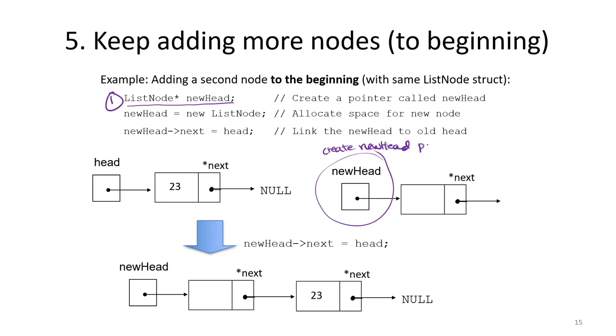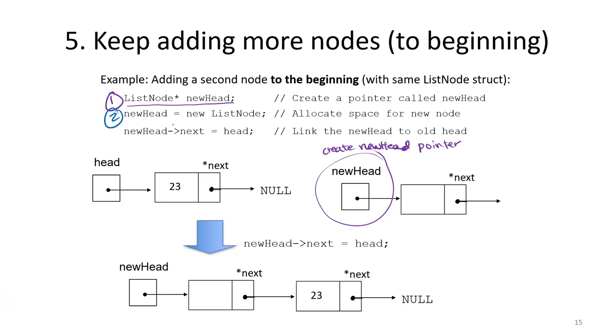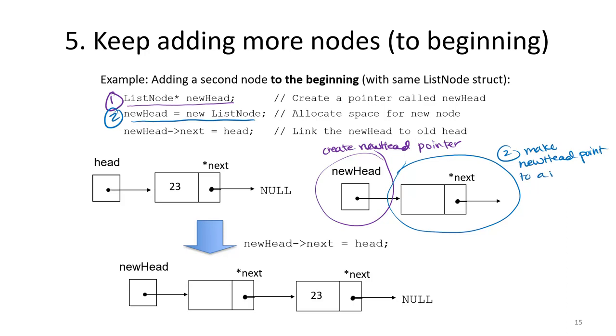So we created this newHead pointer, which can point to list node type structs. Then in our second step, we made newHead point to a new list node type struct.